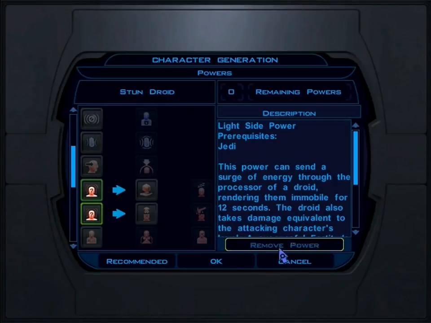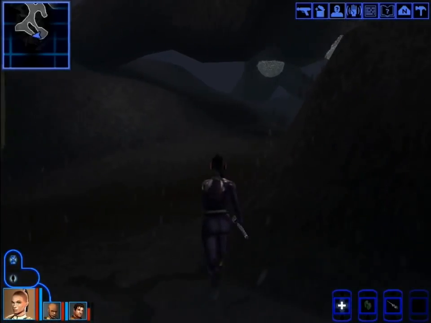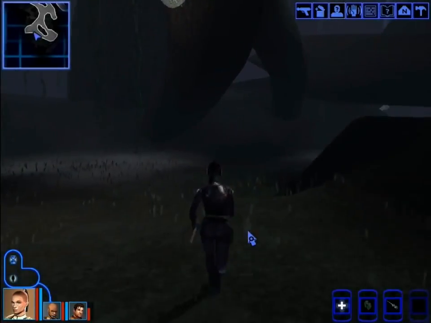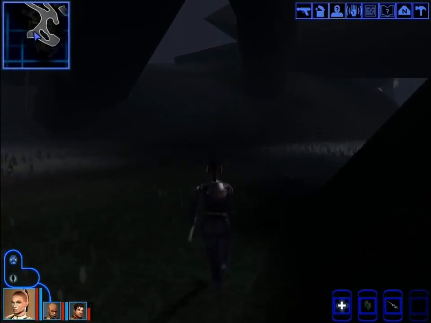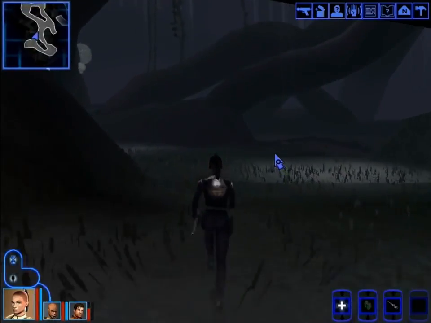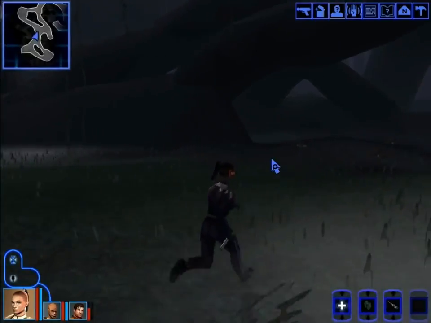Disabled stunned bloody droid. How did I not have that? That's just complete failure on my part to not have that. So which... Is there anything... Ah, down there. Right.